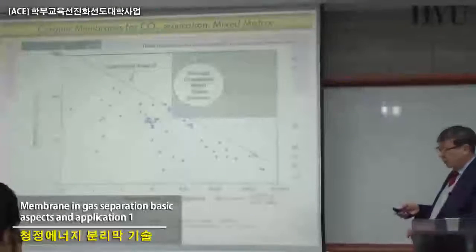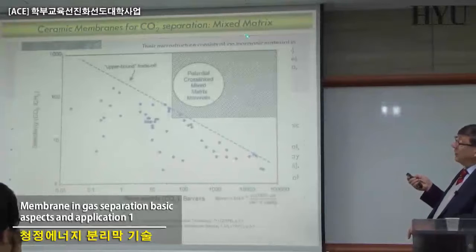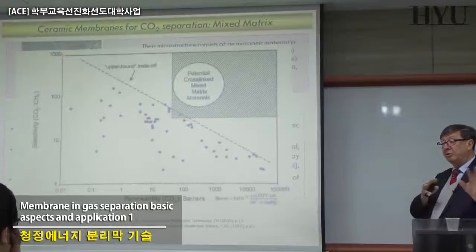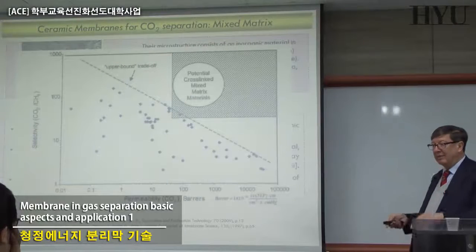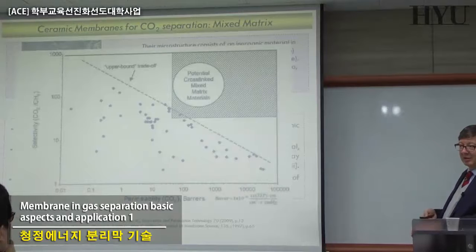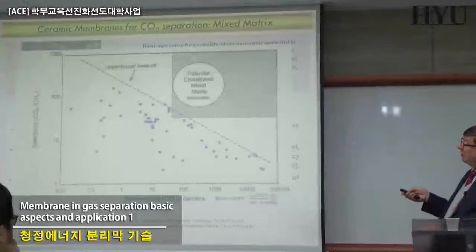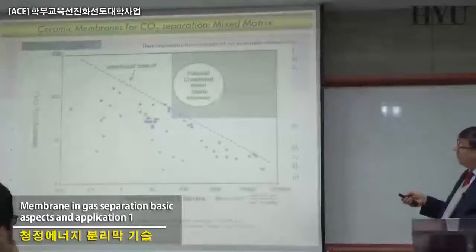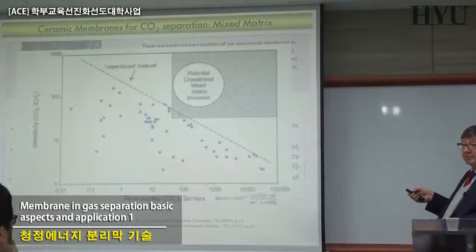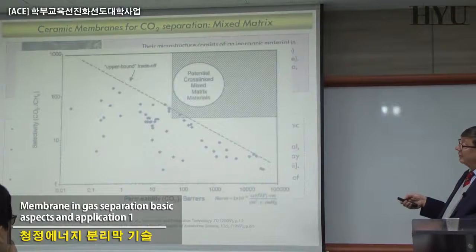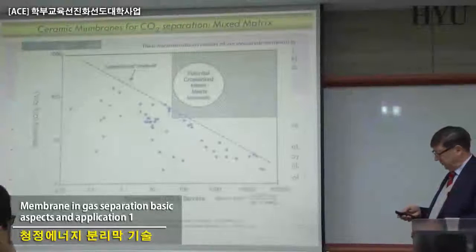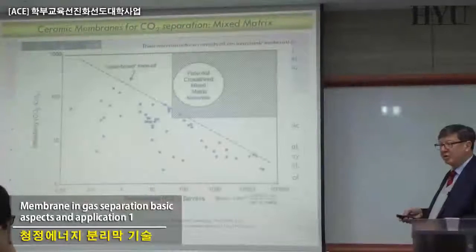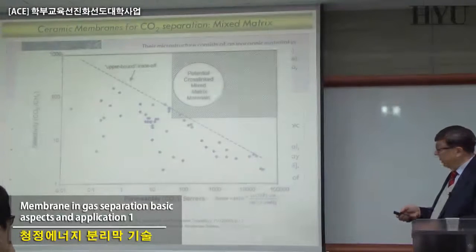If you are able to do this, the potential for these mixed matrix membranes, on the basis of the theoretical properties of the two different phases, the polymeric one and the selectivity and permeability of the dispersed phase, is quite high, because it means that you can operate in this region compared to the traditional Robeson limits, using some of the existing or known heterogeneous materials that we can utilize.